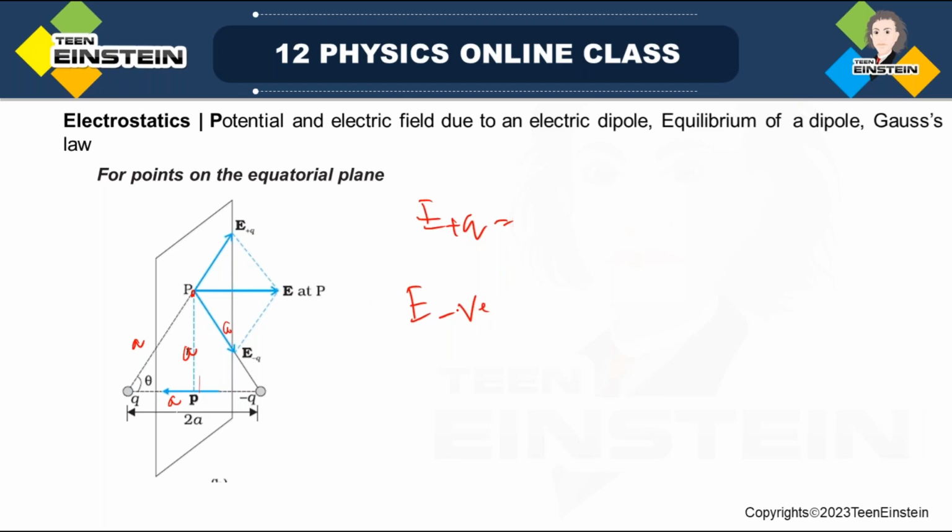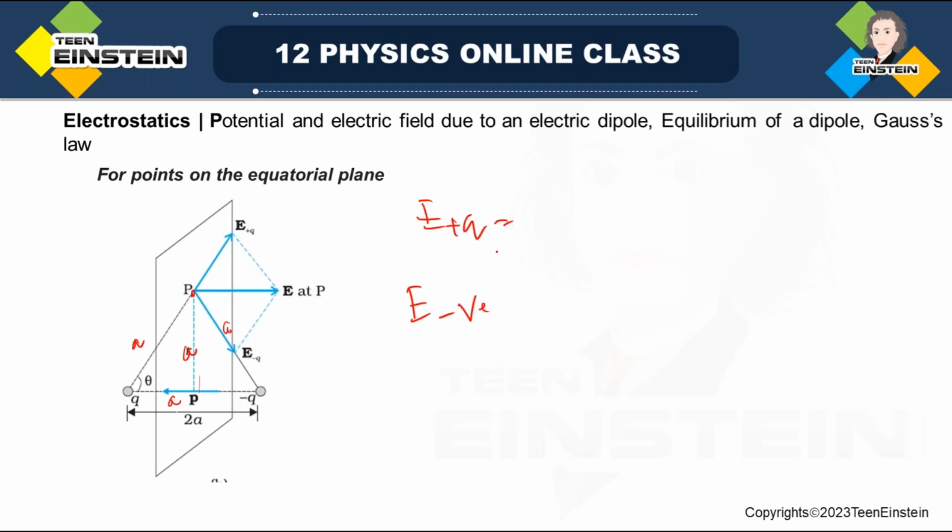So we have to first calculate the electric field due to the dipole on the perpendicular bisector.